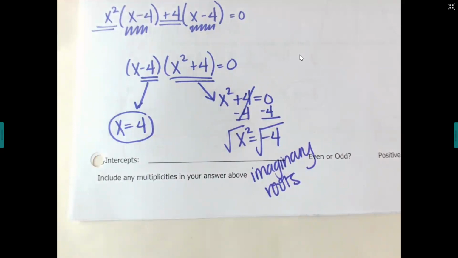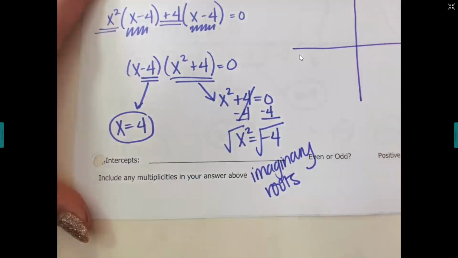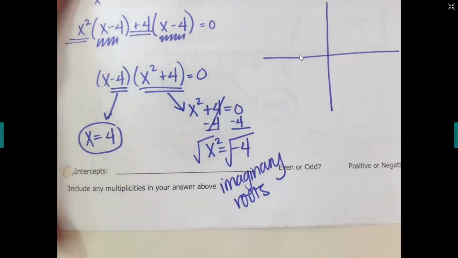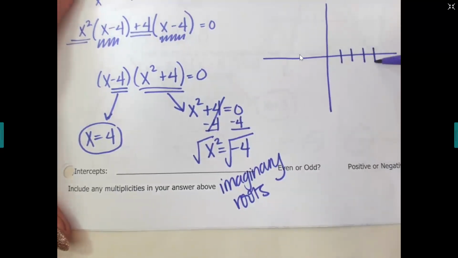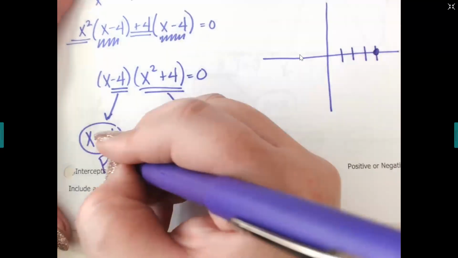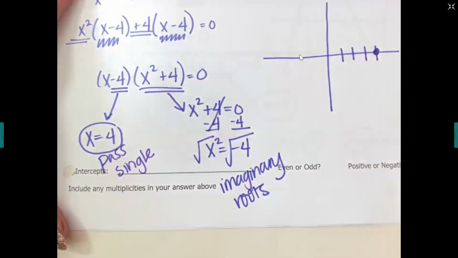Okay? So let's set up your little grid here. Where am I going to have a real root that it really does touch at? What number? 4. Is it a pass or a bounce? Okay, it's a pass because it's a single. And then for the other one, it's imaginary.